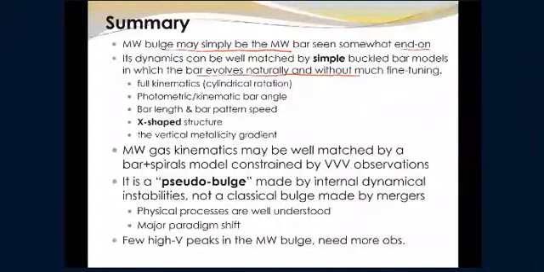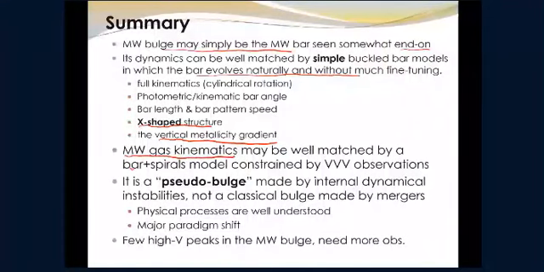It can give a good quantitative match to kinematics, photometry, and the X-shaped structure, and possibly also the vertical metallicity gradient, which I didn't have time to explain in all the details. And the Milky Way gas kinematics may also be well matched by a bar and spiral model.